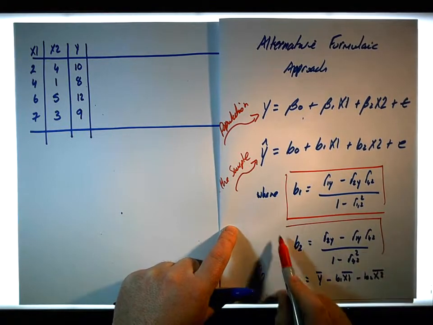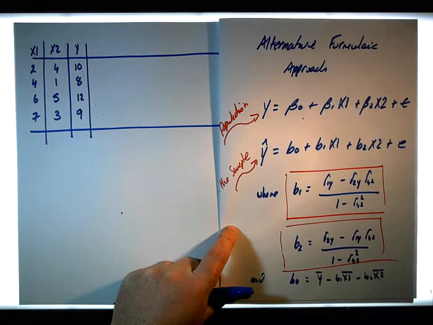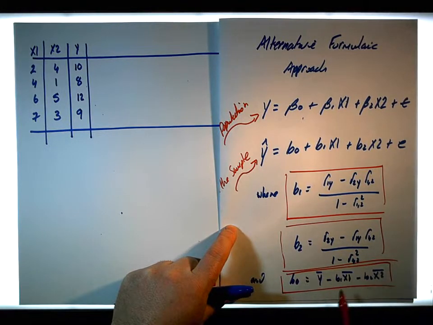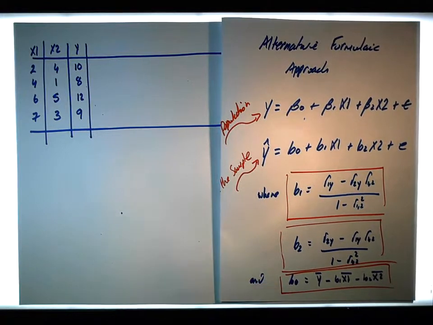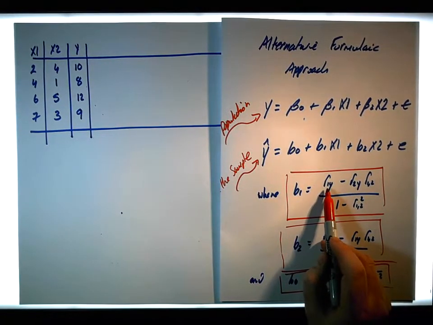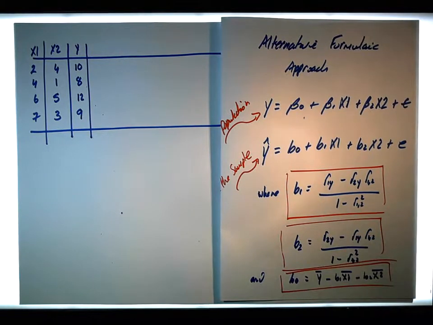B2 is also a set of correlations, and B0 is just going to use the two previous coefficients that we've identified, along with the average of the dependent variable and the two averages associated with the two independent variables. So let's calculate the correlation between the first independent variable and the dependent variable. Let's keep the formula in mind.